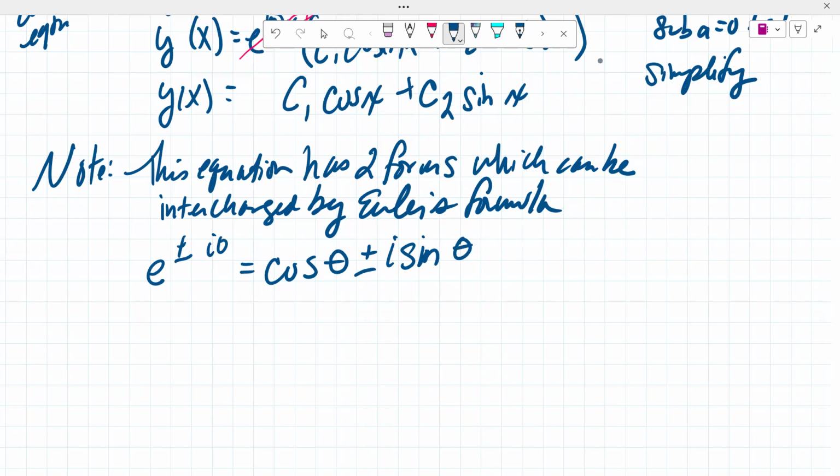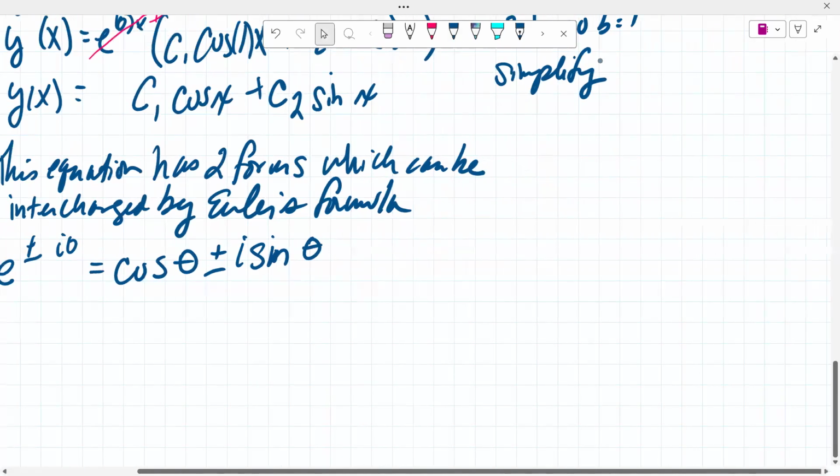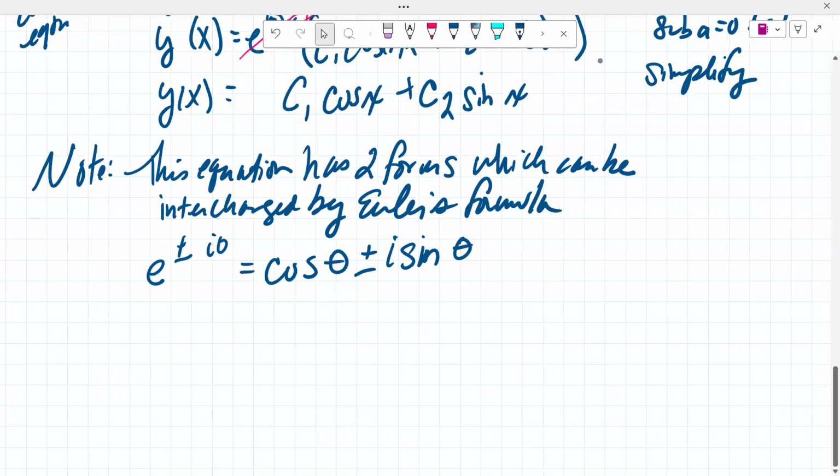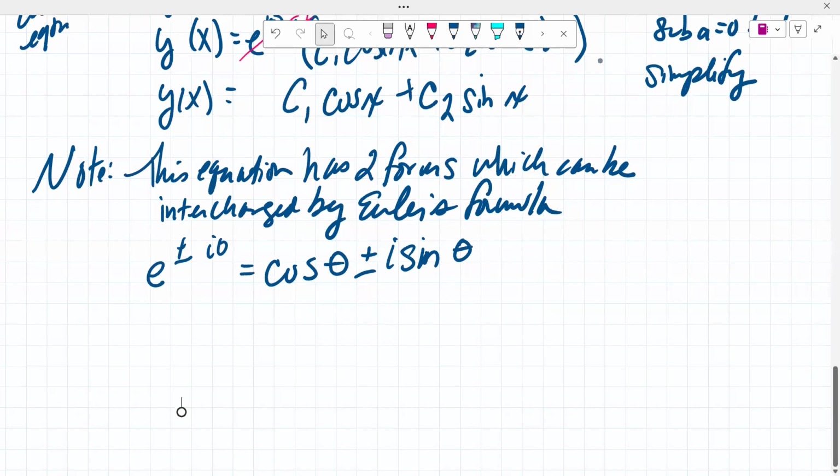So let's demonstrate the interchange. The issue is that we want to go in a certain direction, but we need some information to do that which is not going to be totally obvious. So what we might do is solve this in one direction and then demonstrate we could have done it the other way.